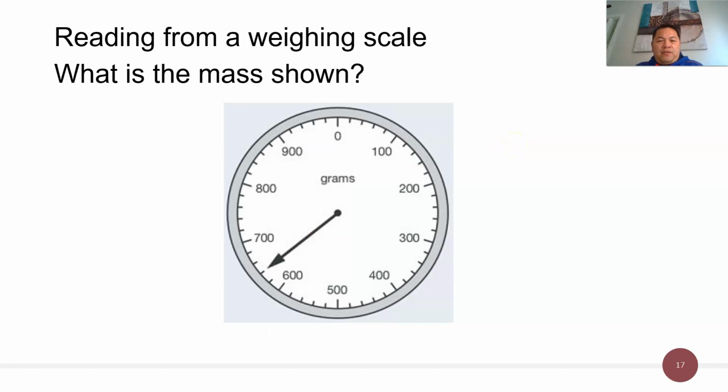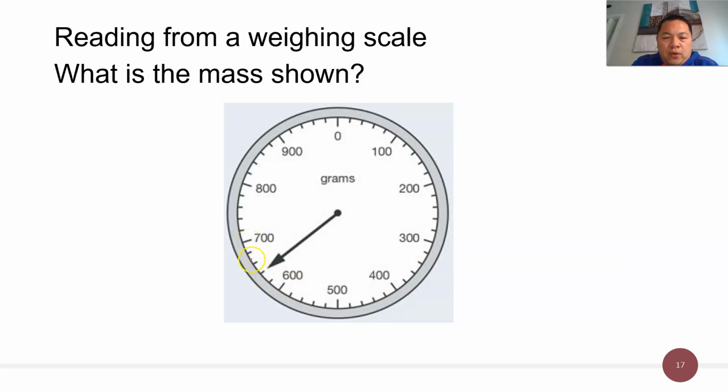Okay, reading of scale on a weight measurement station, for example. You need this scale again when you are going to the supermarket. It's quite hard to find such scales nowadays, of course, because most of the scales are digital. So for this case, again, you've got to read. From here to here is 100.